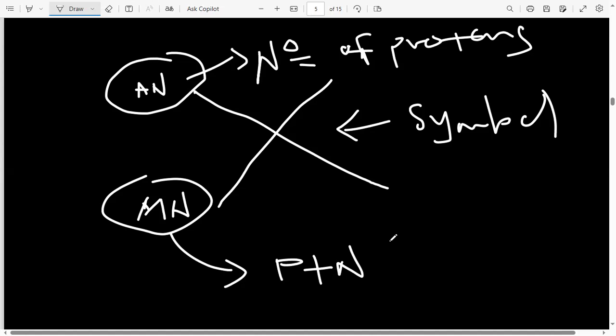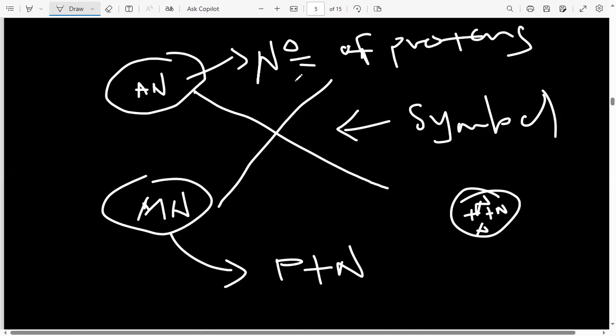Those are the particles found in the nucleus, where we had positive charges and neutral charges. When you add the number of neutrons plus the number of protons, you get the mass number.